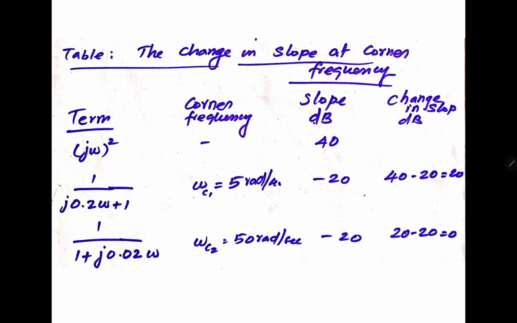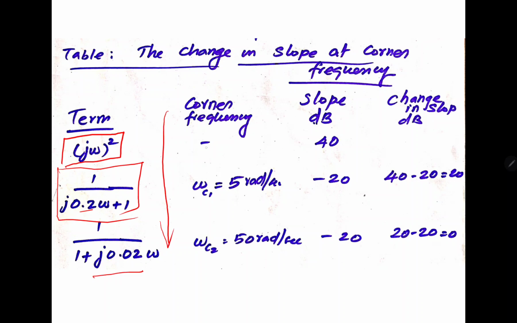For (j omega) square there is no corner frequency. For the next term the corner frequency is 5 radians per second, and for the last term the corner frequency is 50 radians per second.